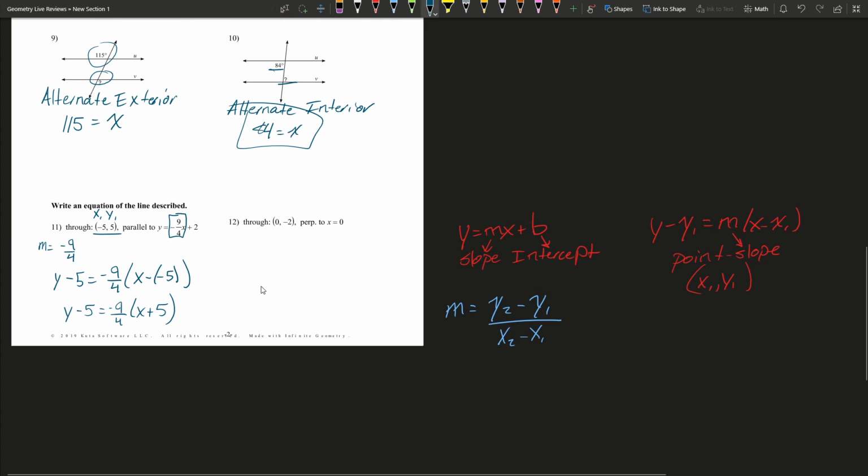So last one, number 12. Again, we have a point x1, y1. And this time we're talking about perpendicular to x equals 0. This isn't a great question because it doesn't give you any equation. But perpendicular to x equals 0 would just be y equals 0. So the slope would be 0.